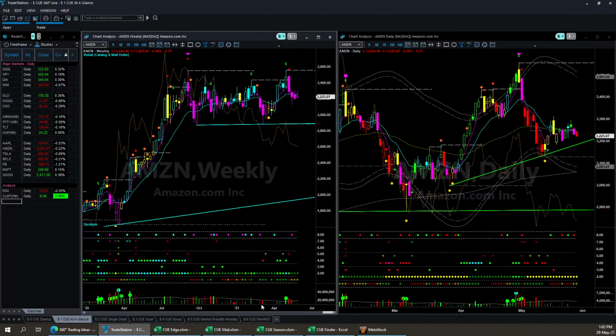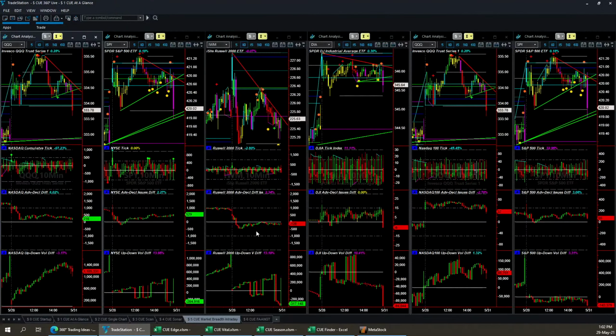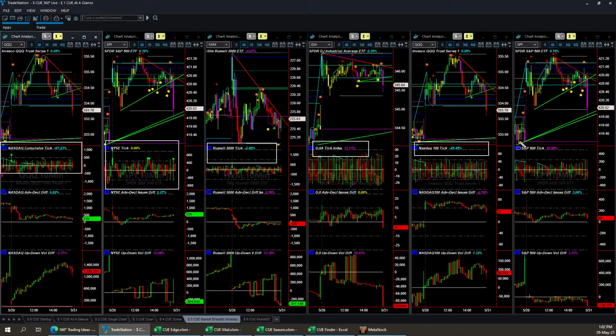If we look at the market breadth intraday on Q Elite, here we are looking at the Nasdaq, NYSE as a whole, and then Russell 2000, Dow Jones Industrials, Nasdaq 100, S&P 500.